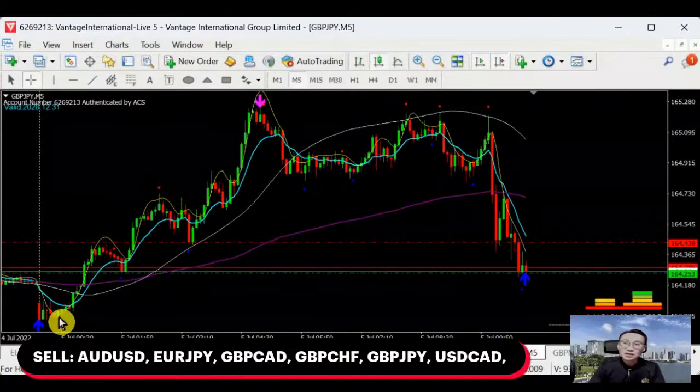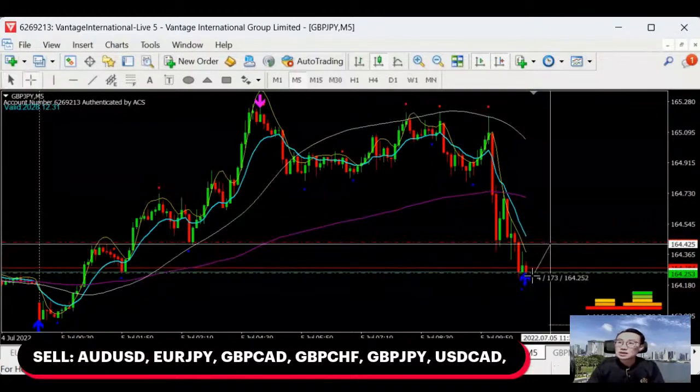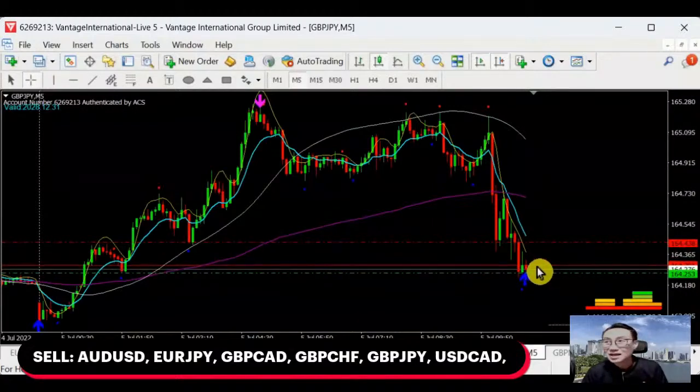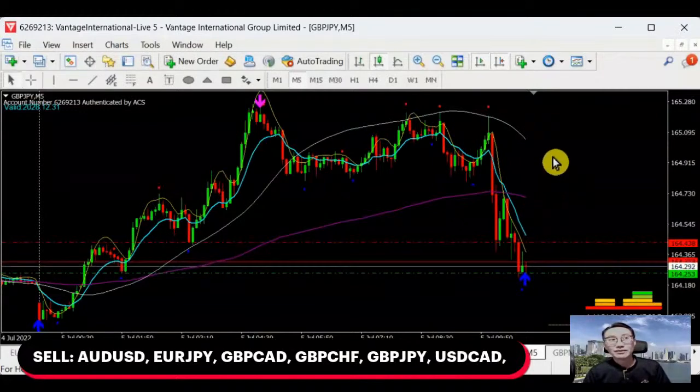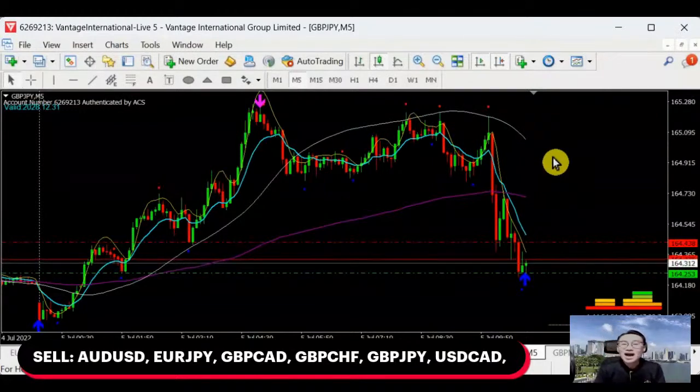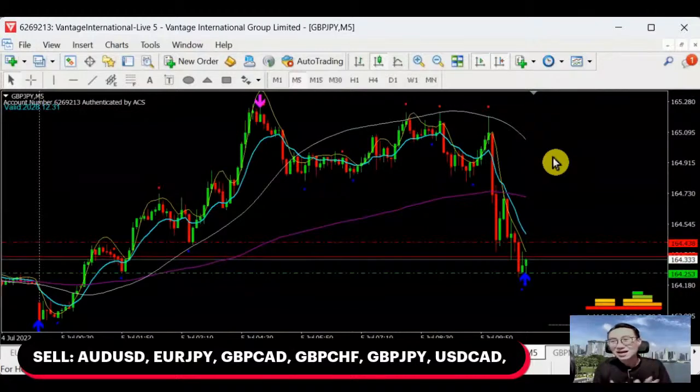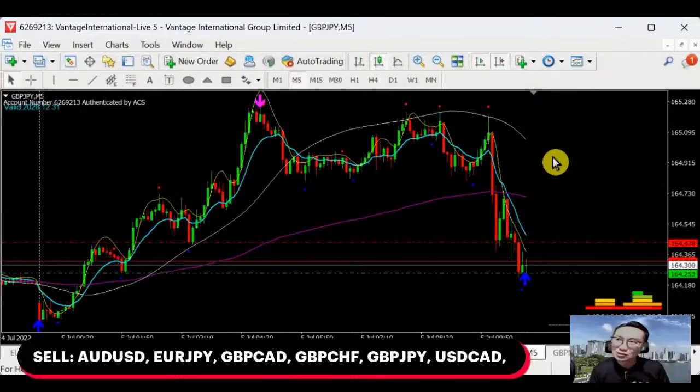You get what I mean? If now I enter and immediately it retraces upwards, we are going to suffer a loss of 17 to 20 pips. And what if it breaks the resistance and continues? Then that's bad. So don't rush. Understand the situation first.